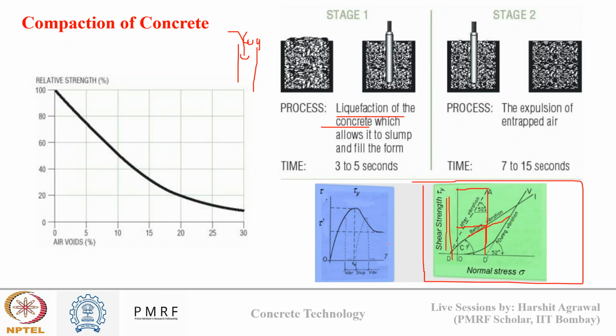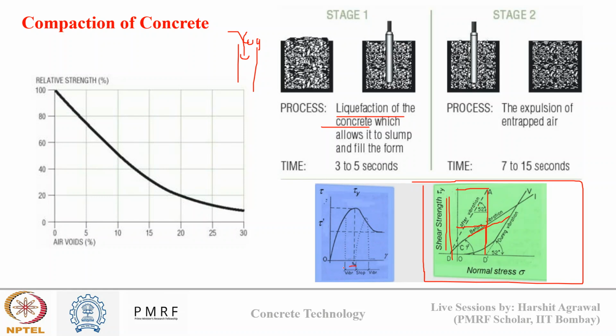However, one thing you can note here is that this compaction activity should be performed only when the concrete is in plastic state and not when the concrete is set. If my concrete is set and then I am providing some compaction activity, it will only result in a negative effect, which will lead to a decrease in shear strength.